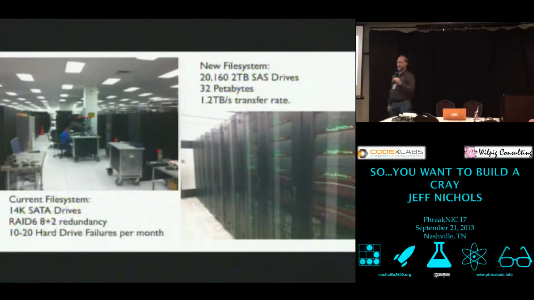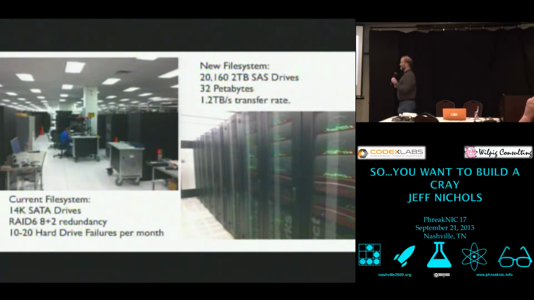Just 14,000 SATA drives. They said it's been ticking up. This is about 3 or 4 years old, so it's starting to tick up. It's being replaced. And so this is a picture of the new system. There's a little over 20,000 2 terabyte SAS drives, storing a total of 32 petabytes spinning.